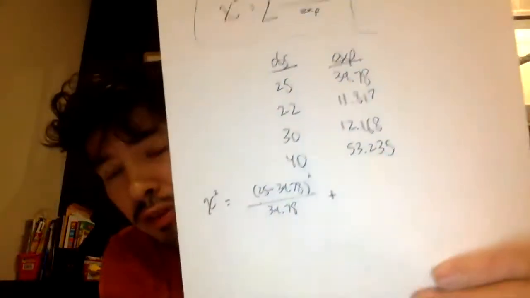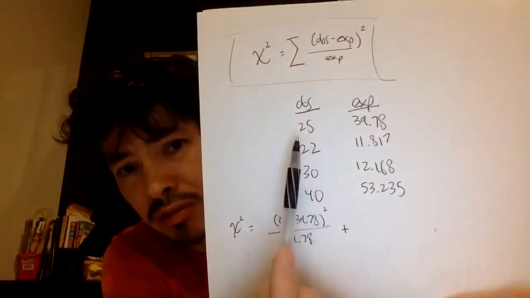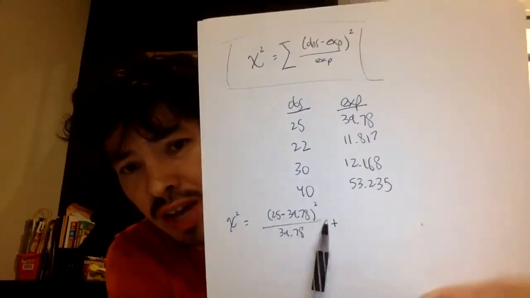First, habitat 1: the observed 25 minus the expected 39.78, squared, divided by the expected 39.78, plus the next one, the observed 22 minus the expected 11.817, squared, divided by 11.817, plus habitat 3, the observed 30 minus the expected 12.168, squared, divided by 12.168.